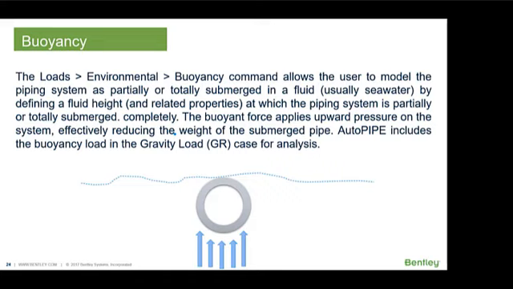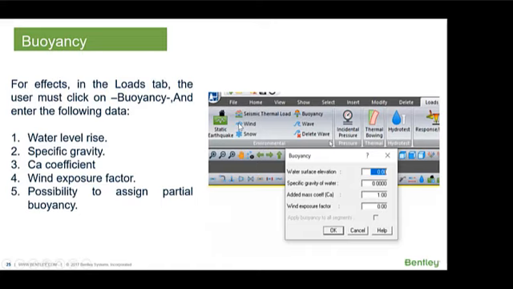And you can edit properties. I can put a cover or additional weight, or whatever you consider that adds more weight to the pipe, and this is normal depending on the project. So you go to load, you go to environment, you go to buoyancy, and you define the command, and basically it is easy.